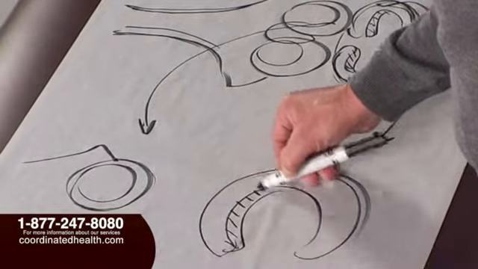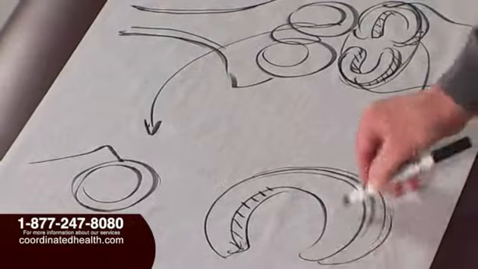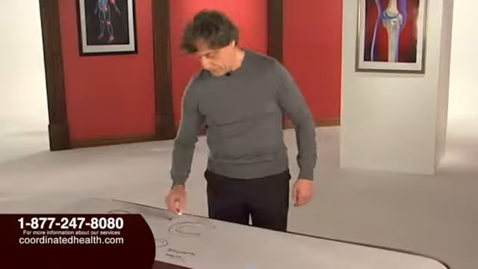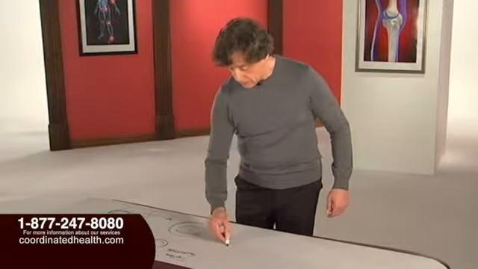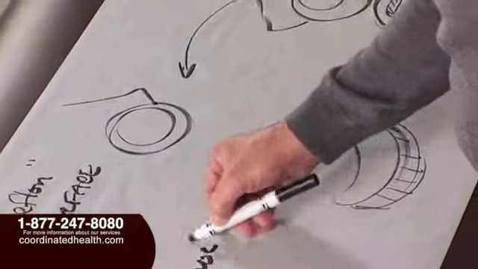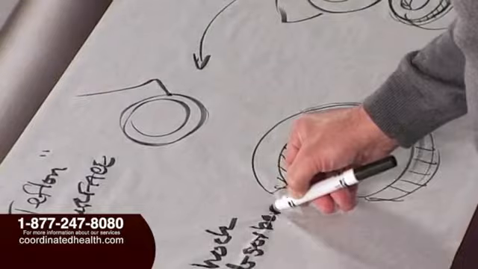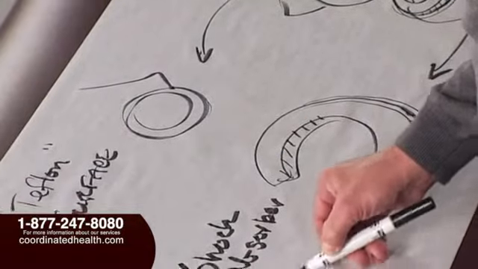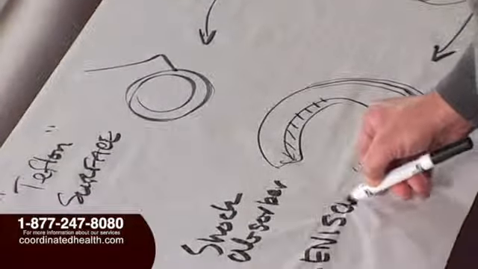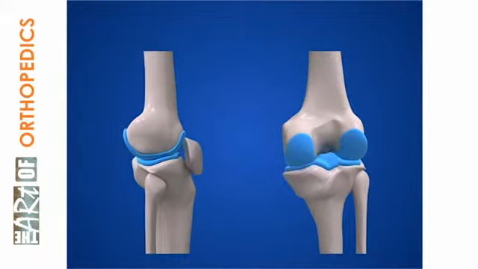It's thick in the back, and it's thick in the front. This is the shock absorber, called the meniscus. This is the normal parts list.